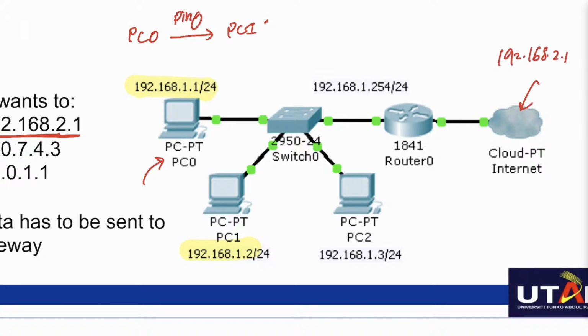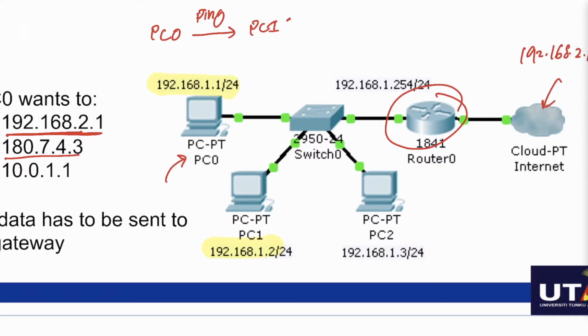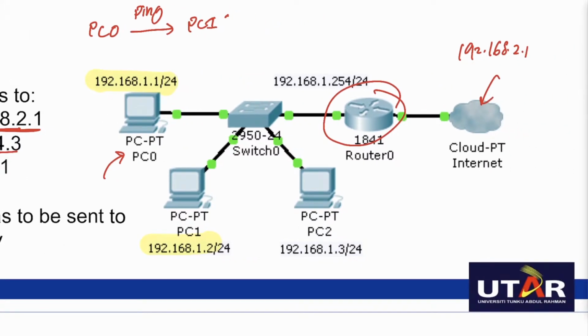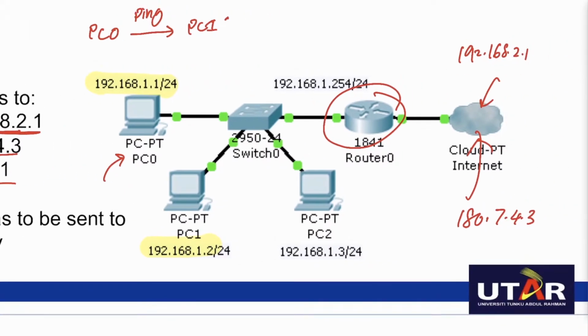Now, if you want to send data from PC0 to this PC with 2.1, you need to send it to a router. Same example, if I send to 180.7.4.3, it's also somewhere on the internet.